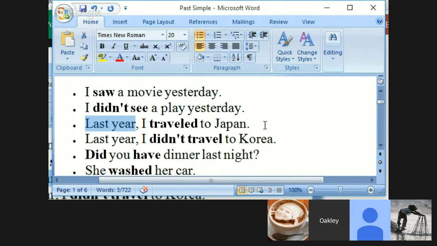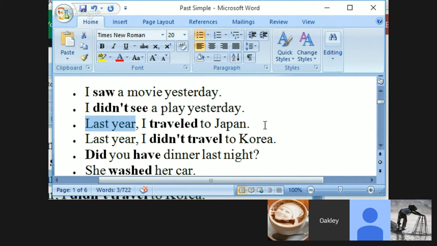But the idea I'm trying to convey to you is that this trip is over. I could use the present perfect tense, I have traveled to Japan, and now I'm trying to convey a different idea to you. I'm trying to convey the idea that I have experienced it and I may actually go to Japan again.